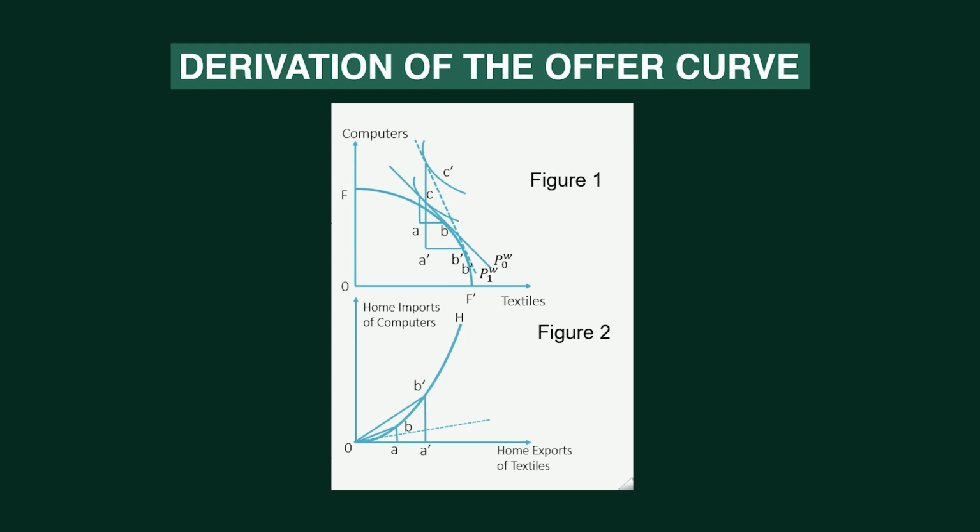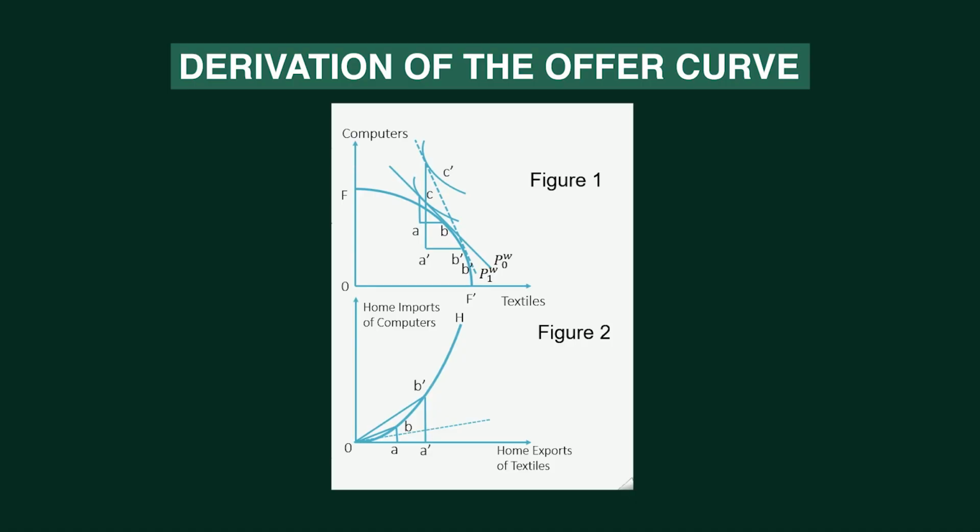Now if I consider all these price ratios and connect all the points, B, B prime, following these equilibrium points, C, C prime, then this would be the offer curve of the home. But remember students, the export of the home is ideally the import of the foreign country.